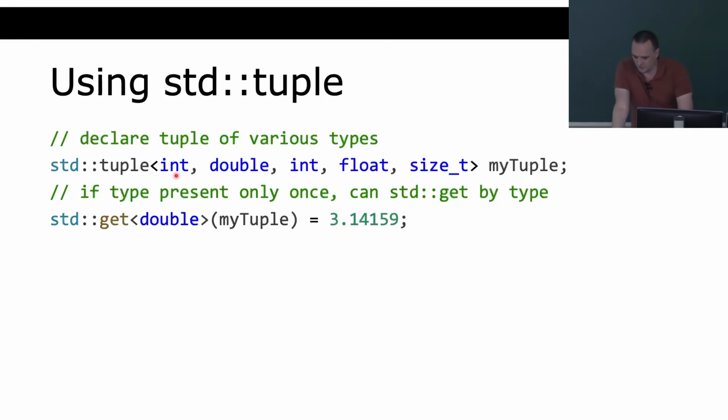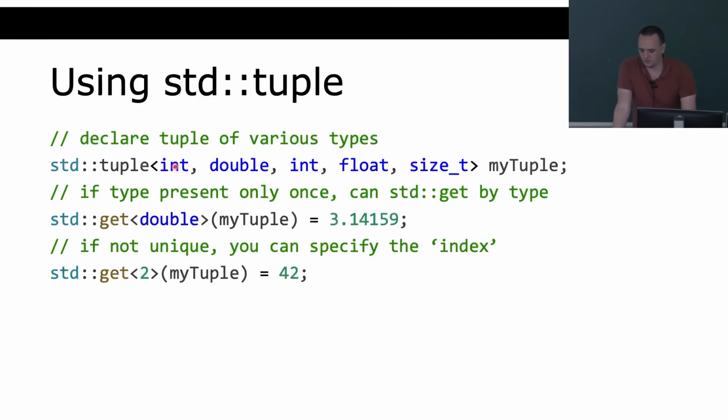But look at this, we have two integers. So I cannot say standard get int from this tuple. So if you have multiple of the same type in the tuple, you have to access it by index. And so this acts sort of, it's not a vector at all, but you can access it almost like an array. Whereas if I say standard get 2, then this is 0, 1, 2, so I am modifying the third variable inside the tuple.